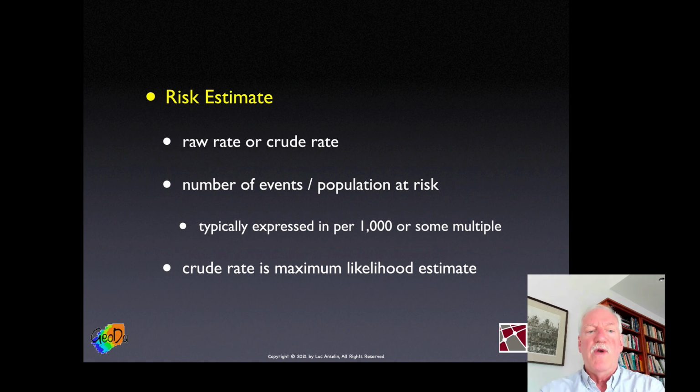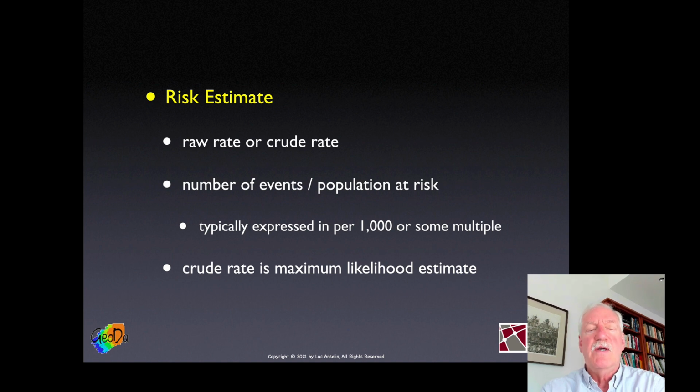And how we get this risk estimate, there are a number of different ways. The easiest concept is what is called a raw rate or a crude rate. And it's simply a proportion. It's simply the ratio of the number of events over the population at risk.